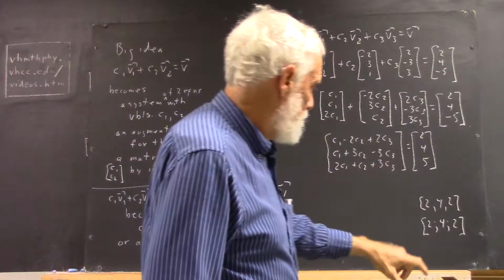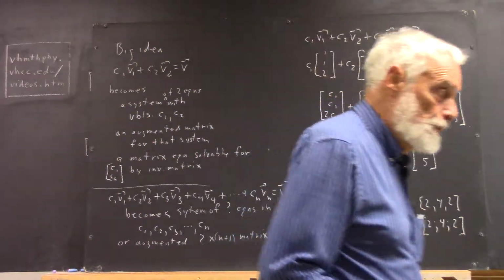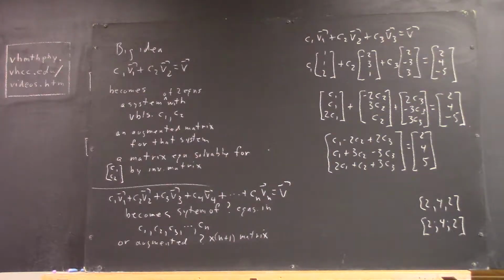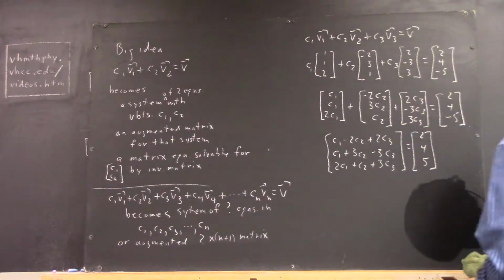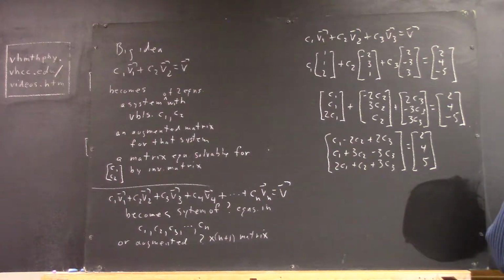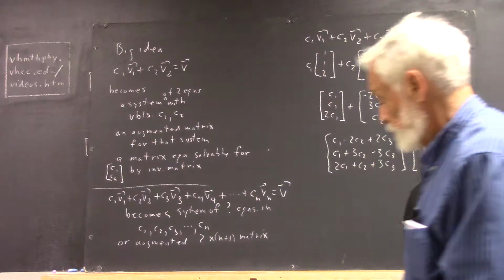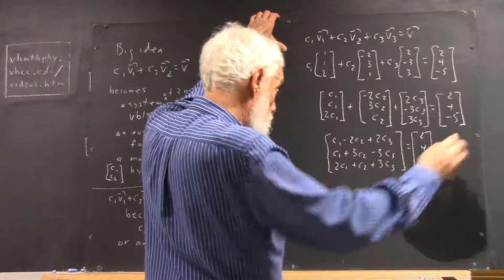On the worksheet I had commas for this vector when it should have been semicolons, so I wrote that down, but hopefully I'll remember to correct that on the document. Okay, so now what?